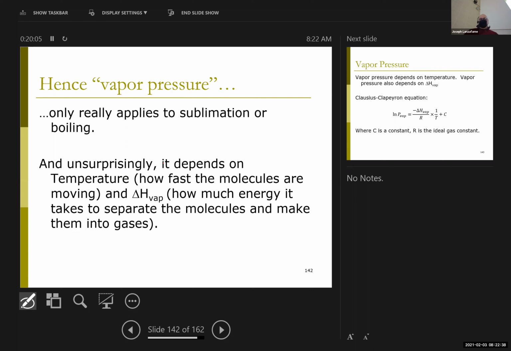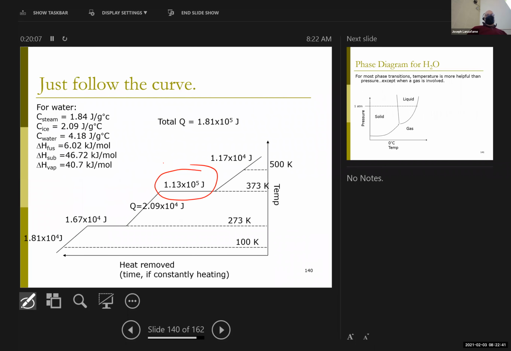And so what I'm really doing when I increase the temperature to get to the boiling point is increase the vapor pressure, because my atmospheric pressure hasn't changed. And so the whole reason it works to increase the temperature to get to boiling is because the vapor pressure increases as the temperature increases.